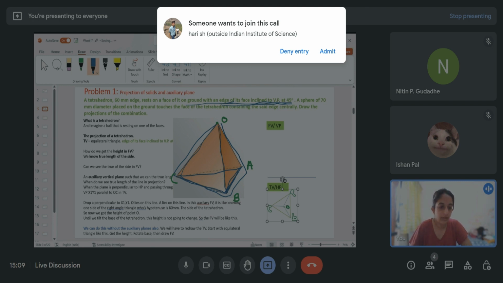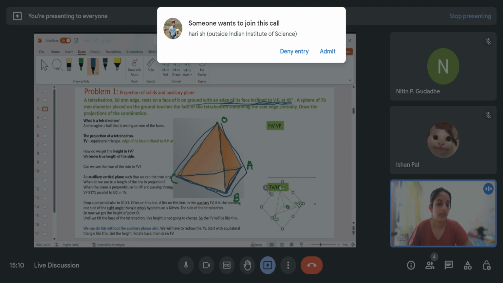So I will now rotate it such that this line AB will make 45 degrees with the vertical plane, like this. So I'll rotate this thing like this.